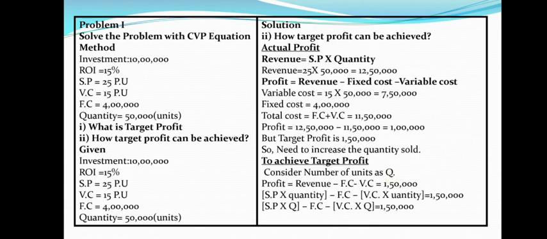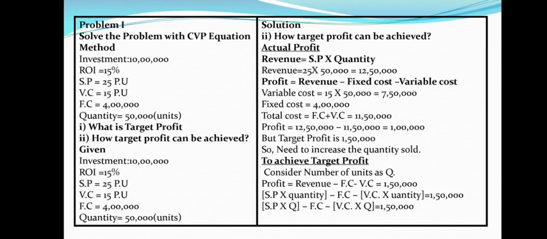To achieve the target profit, we are going to calculate how much quantity we need to sell. Consider the number of units as Q. Profit equals revenue minus fixed cost minus variable cost, as we saw before, which needs to be equal to 1,50,000. Now we will rearrange the formula.